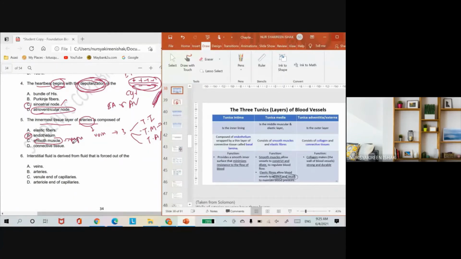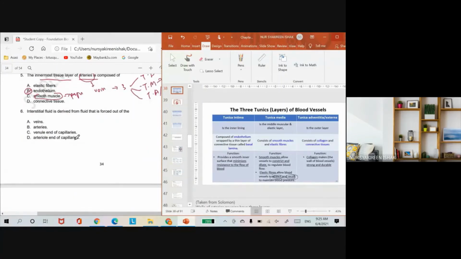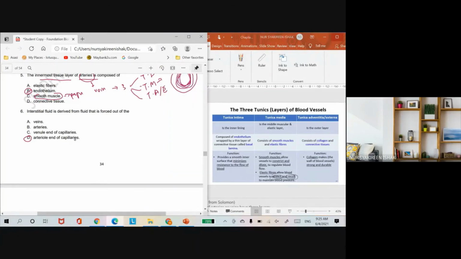Okay. So number 6, interstitial fluid is derived from the fluid that is forced out of the arterial end. So saya dah bagi tahu tadi kan arterial end ni. So you have your heart here, the right atrium, the left atrium, the right ventricle, the left ventricle.